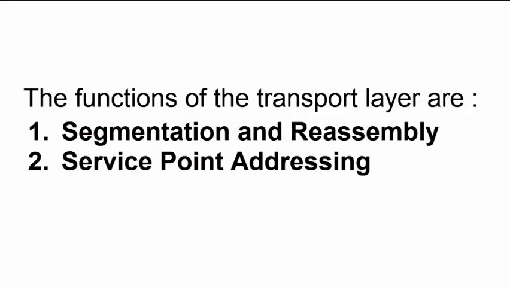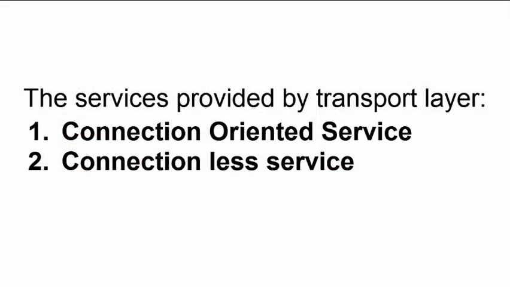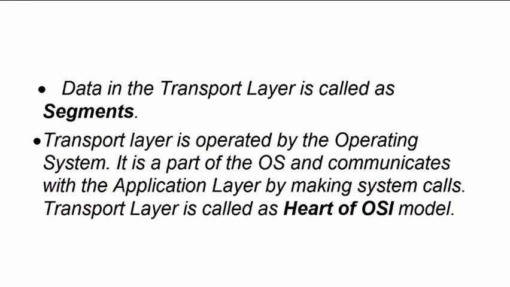The functions of the transport layer are segmentation and service point addressing. The services provided by the transport layer are connection-oriented services and connectionless services. The transport layer is operated by the operating system. It is a part of the OS and communicates with the application layer by making system calls. The transport layer is called the heart of OSI.